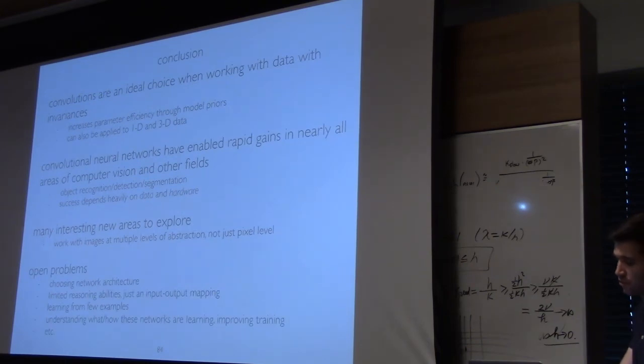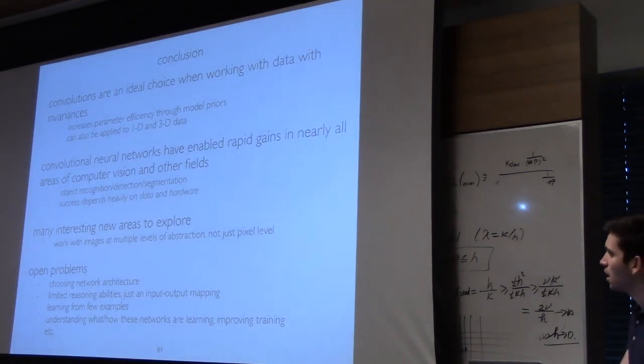And there's also a lot of open problems, some of which I've highlighted here. But as we've gone through these examples, it may have caught your eye that it's a little weird that we have to choose the network architecture. It seems like there should be a way in which we could learn it. We're not really doing any reasoning here, at least with the very basic convolutional neural networks. So maybe figuring out a way to make these models a little more capable.